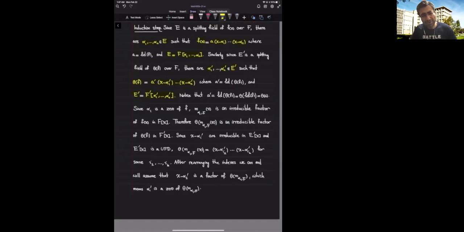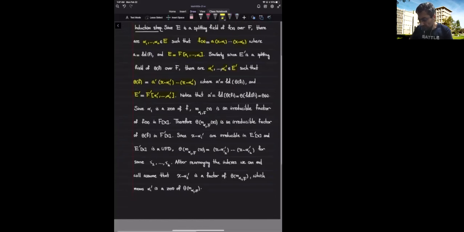Again, one observation we can make is that when I apply theta to a polynomial, it's like applying it to the leading coefficient as well. So the leading coefficient of theta of f is nothing but theta applied to the leading coefficient of f. Let the leading coefficient of f be denoted by a, and the leading coefficient of theta of f be denoted by a prime. So a prime is nothing but theta of a. This is an observation. It's not very important, but it's good to know.